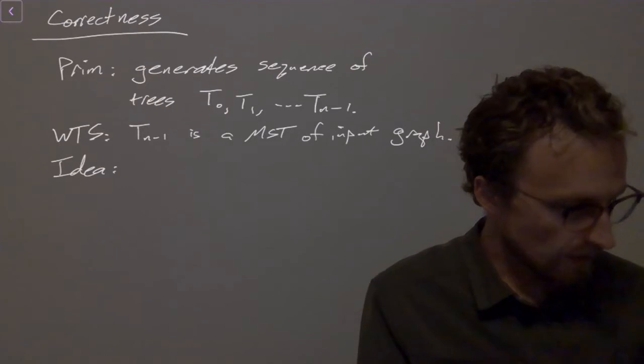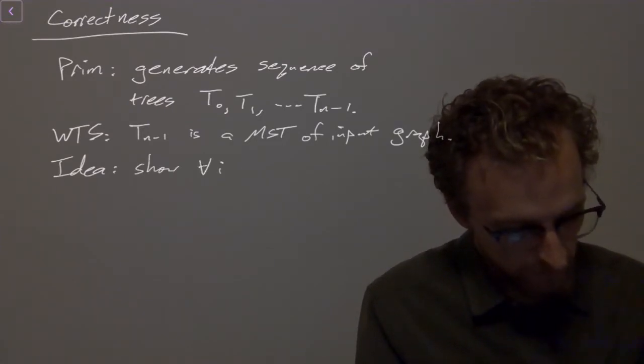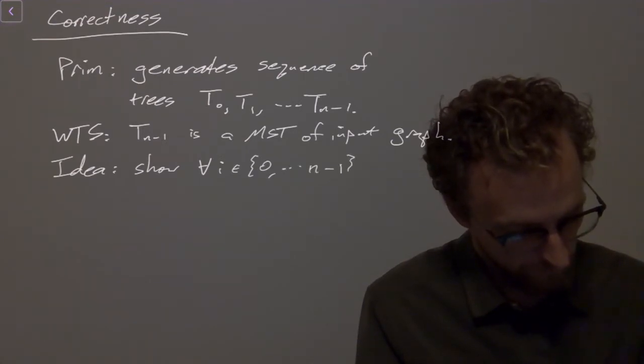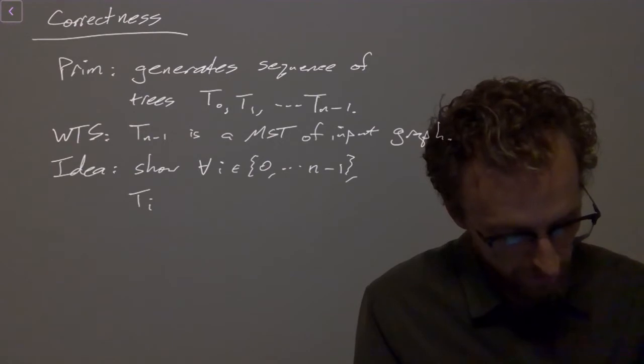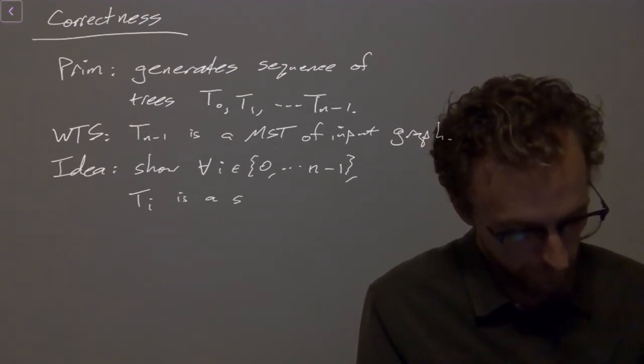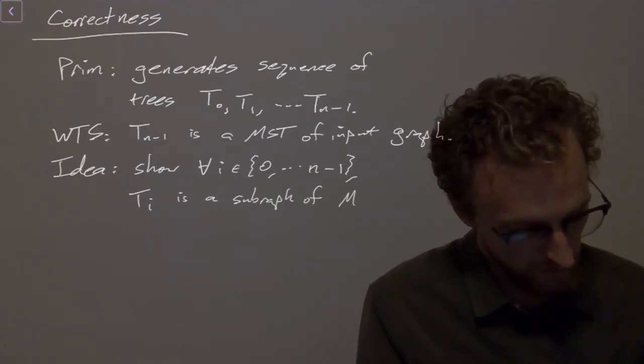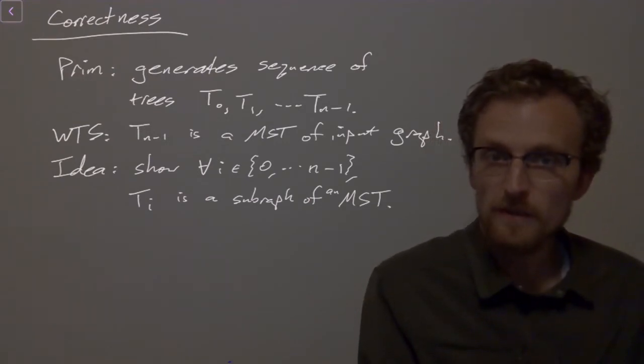We want to show for all i from 0 all the way up to n minus 1 that Ti, the ith tree, is a subgraph of an MST. And I should say of an MST, because there could be more than one MST, by the way.